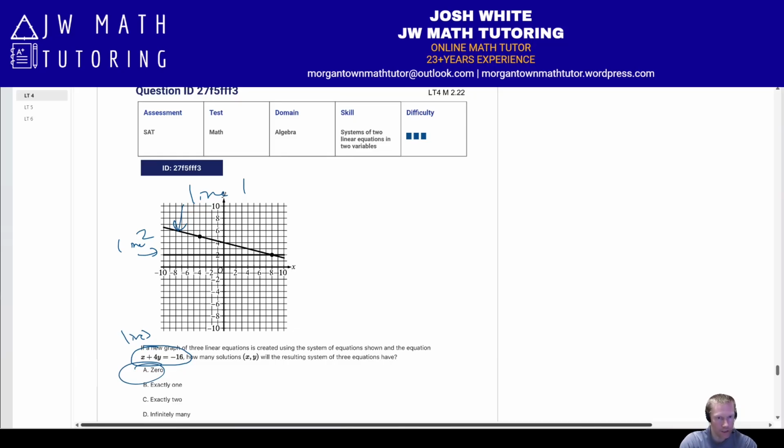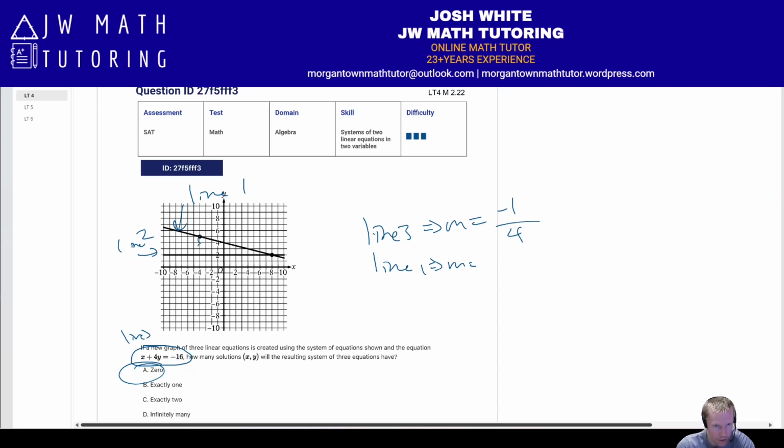Now, the way I know that for sure is that for line 3, the slope, just negative a over b, is negative 1 over 4. It's negative 1/4. For line 1, notice the slope, I can just get it by counting.